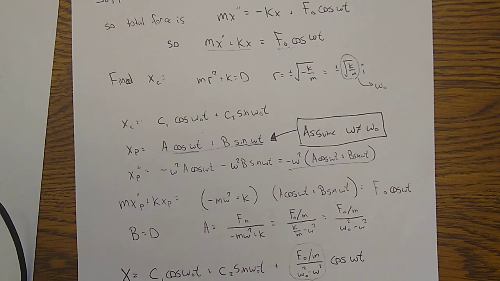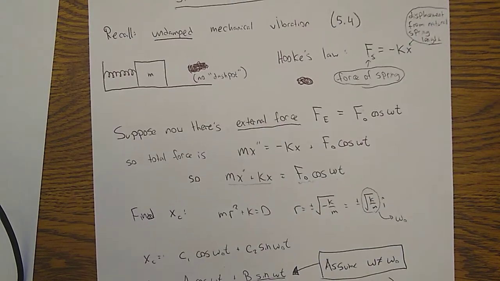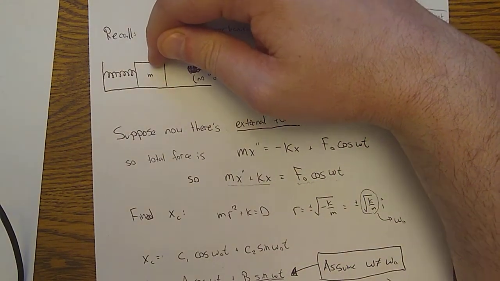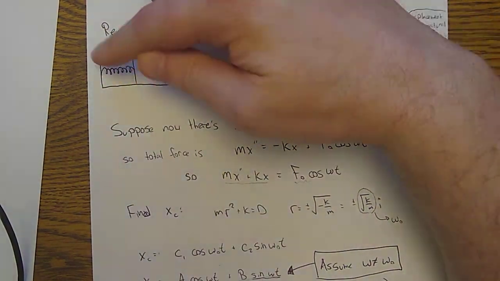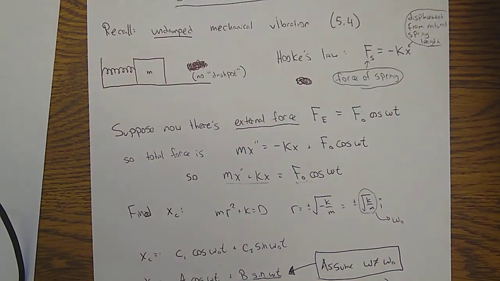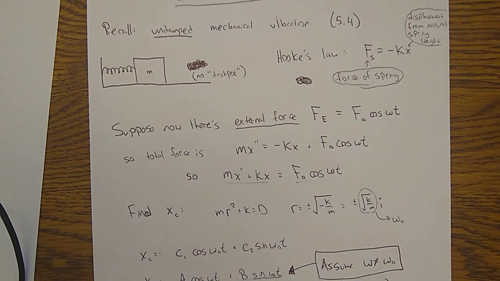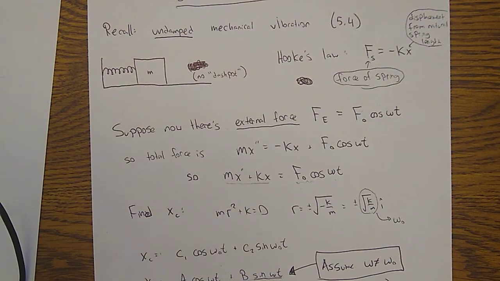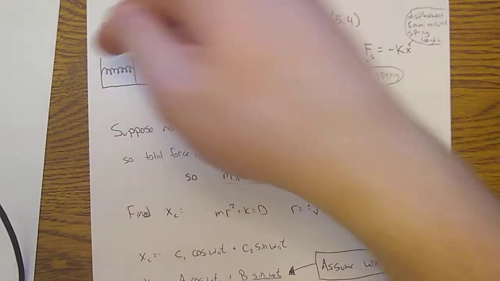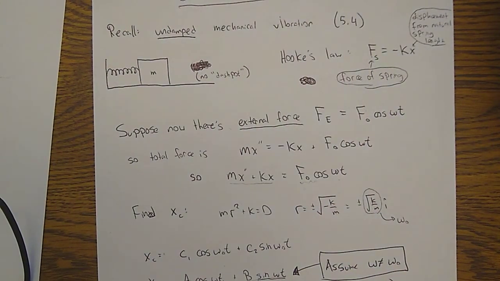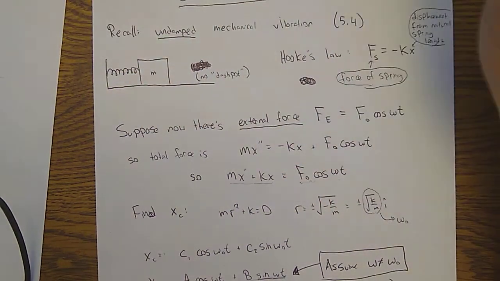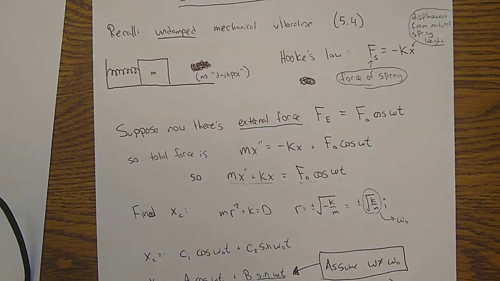And in real life, of course, there are physical limitations to this. Eventually, if this is going back and forth so hard, it's just going to bang into the wall. And our mathematical model for this situation is not intended for this thing to be banging into the wall. So at some point, we don't really trust the model anymore, if the amplitude is so high that it's banging into the wall, for example.